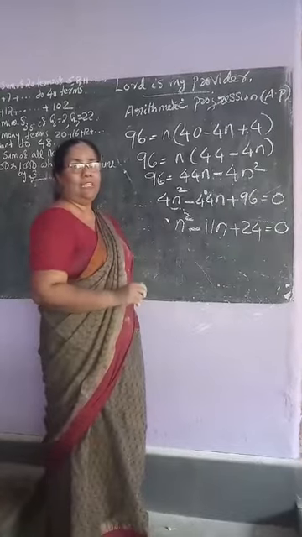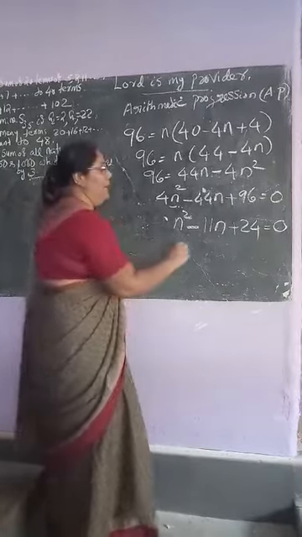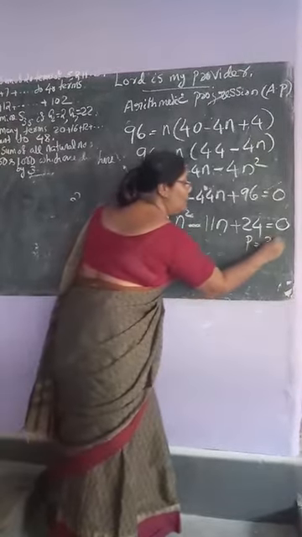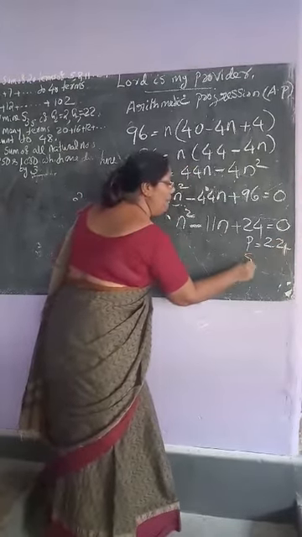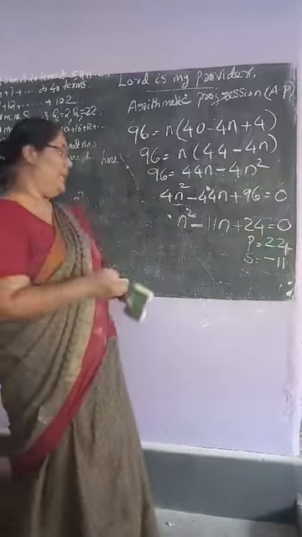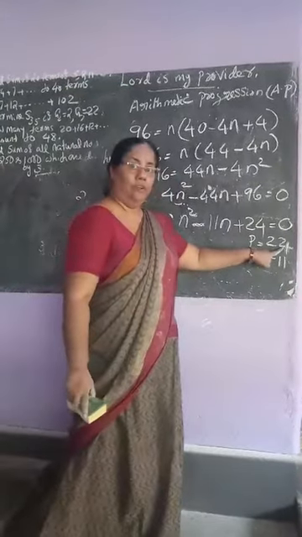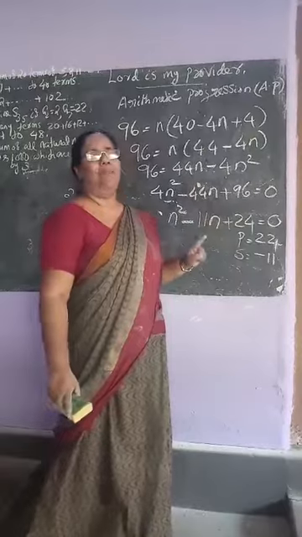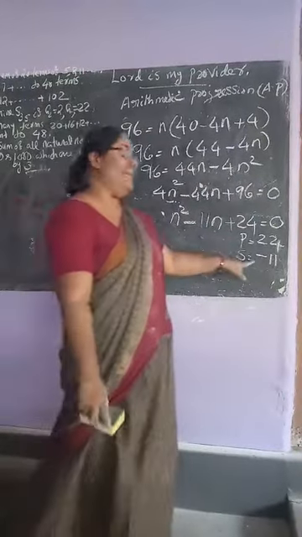What is the factorization method? Factorization method means product is equal to 24 and sum is equal to minus 11. When you multiply two numbers, the answer is 24, and when you add the same numbers, the sum is minus 11.